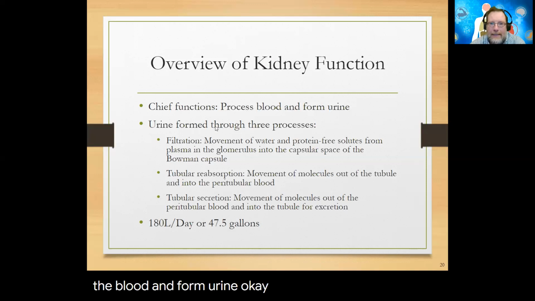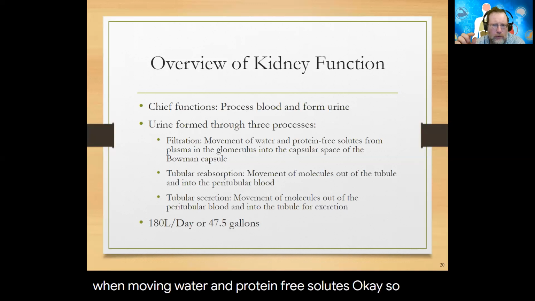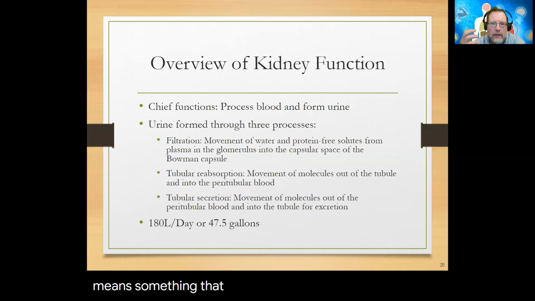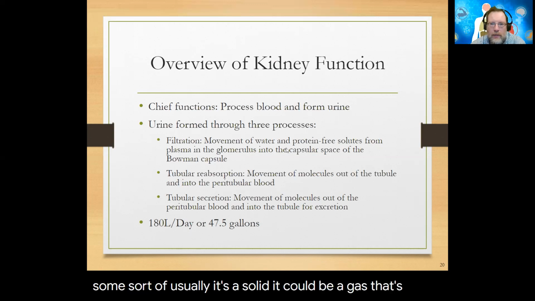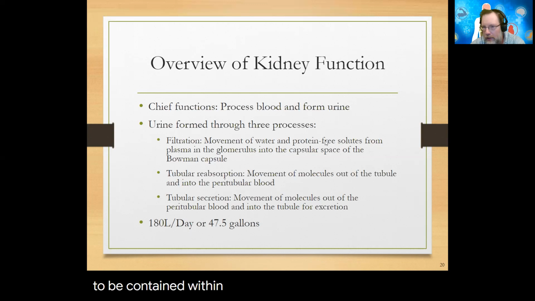Okay. Filtration, again, is moving water and protein-free solutes. Solute means something that is contained within the solution, usually a solid, though it could be a gas, that's going to be contained within the plasma of the blood.